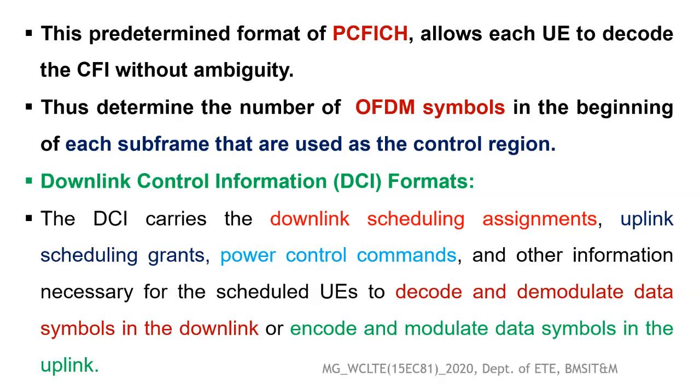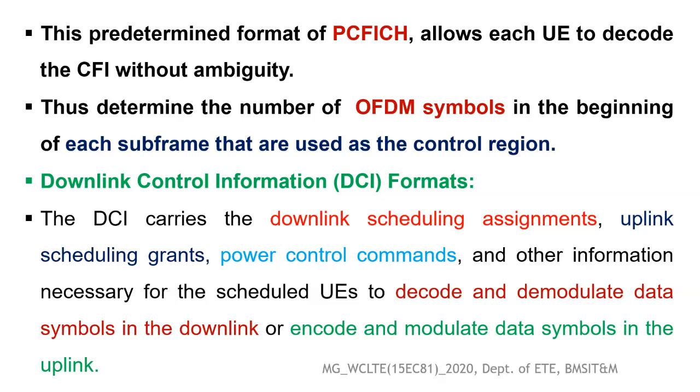The downlink control information format, DCI, carries the downlink scheduling assignments, uplink scheduling grants, and power control commands, and other information necessary for the scheduled user equipments to decode and demodulate data symbols in the downlink, or encode and modulate data symbols in the uplink.